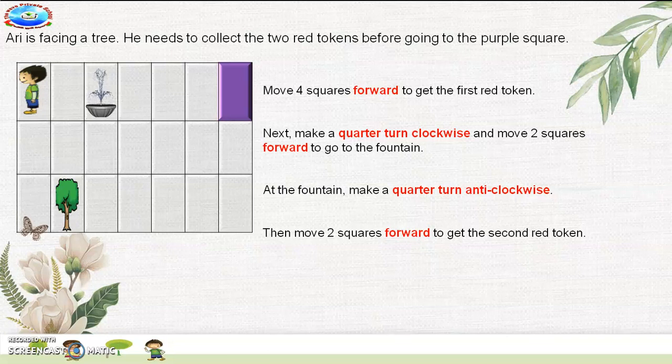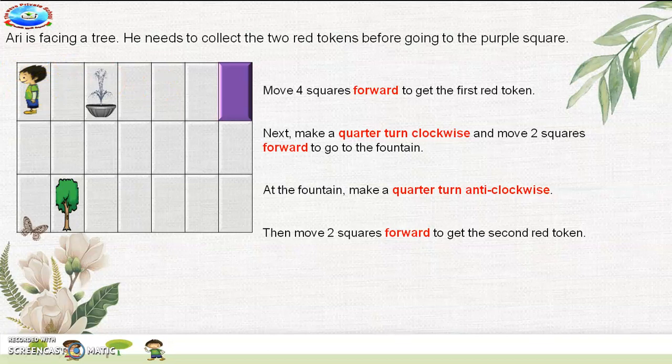Next he can go to the purple square. Yes, from this position there are two possibilities. Either he can go backward or he can make a turn here, that is a half turn, and he can go forward. Here I am going to make a half turn.